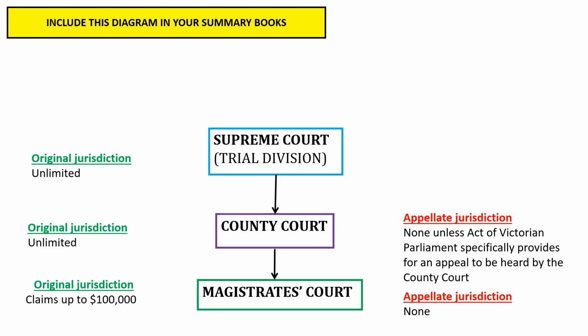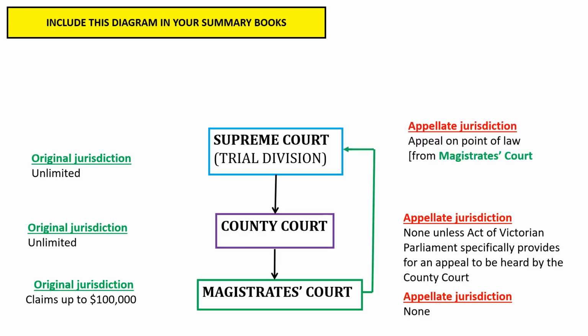So it's for the plaintiff to choose whether to bring their civil dispute to the County Court or to the Trial Division. In making their decision, the plaintiff will take into account things such as the complexity of the civil dispute and the costs that the plaintiff is willing to bear in bringing that dispute to either the County Court or the Trial Division. The Trial Division also has appellate jurisdiction in civil disputes.